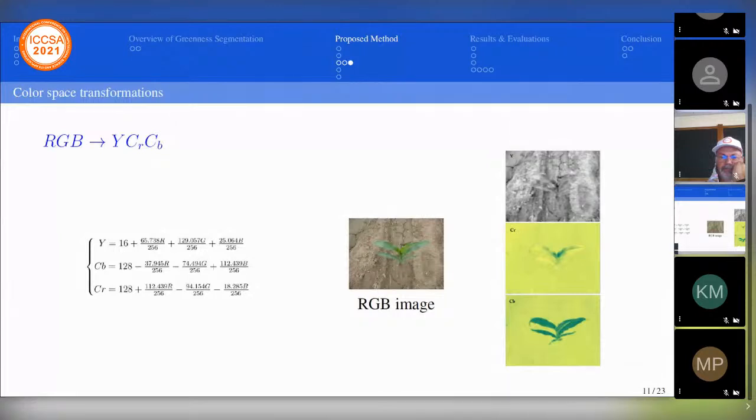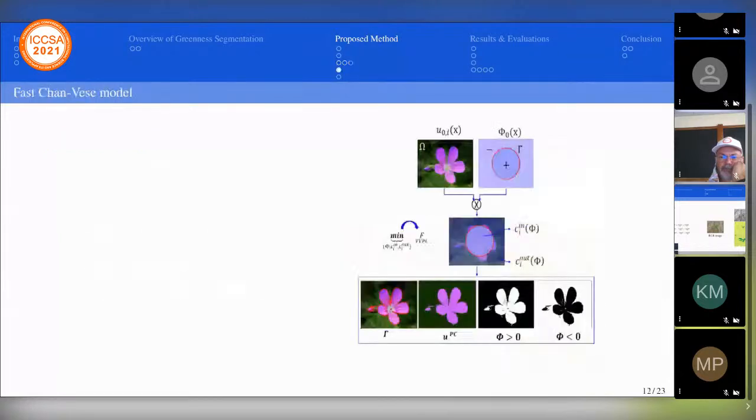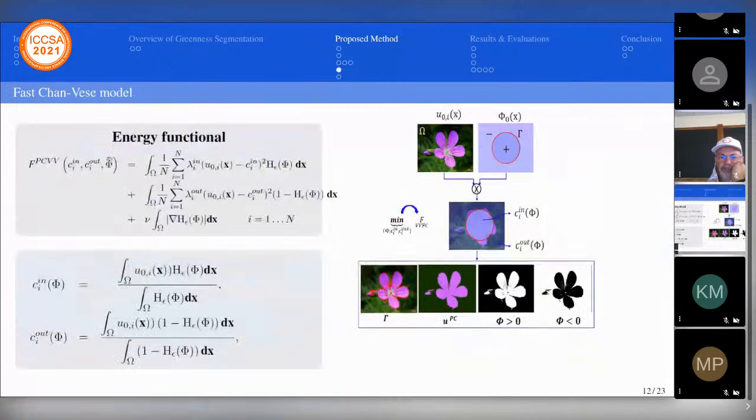For the segmentation issue, we have used the well-known Chan-Vese model, which is based on optimizing an energy functional, where C in and C out represent the means of intensity inside and outside the curve. The outcome of the segmentation is the zero level set contour, which represents the edge contour of the object, a binary image.